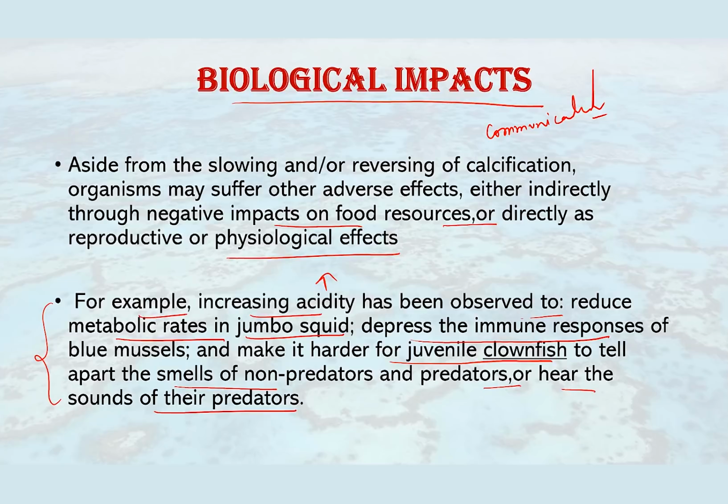Another possible effect would be an increase in red tide events, which could contribute to the accumulation of toxins in small organisms such as shellfish, in turn increasing occurrences of paralytic shellfish poisoning also. So these are the biological impacts of ocean acidification.